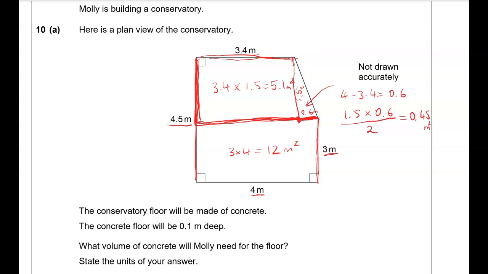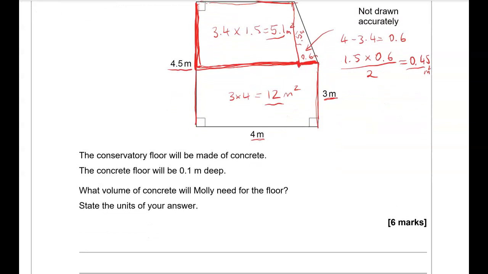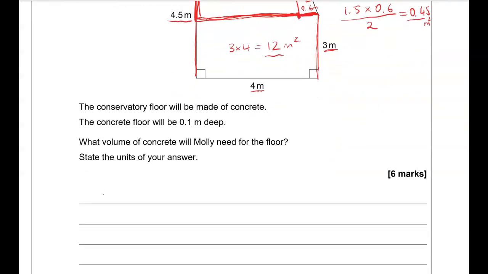So adding them all together now, we've got 5.1, 12 and 0.45. Gives us 17.55 square meters.